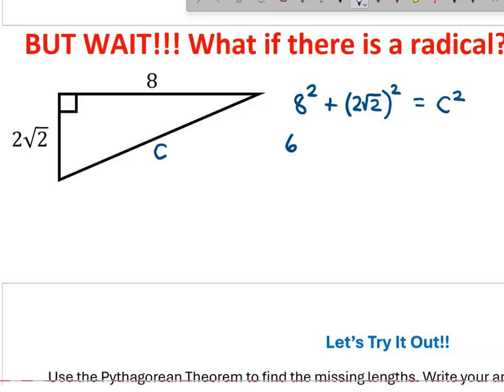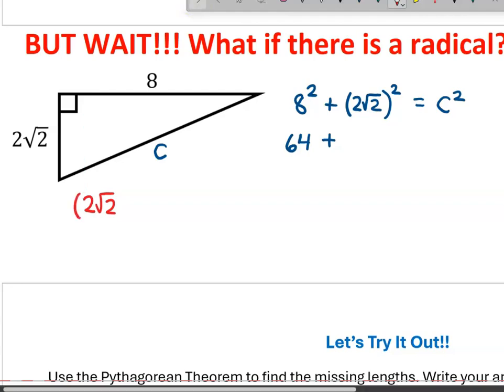Now, when I do 8 squared, we get 64. When you do 2 root 2 squared, if you use a calculator, and as long as you put it in parentheses, it will square the number correctly. But just to show you on the side here how this actually works, if you square 2 root 2, it's the same thing as taking 2 root 2 times another 2 root 2.